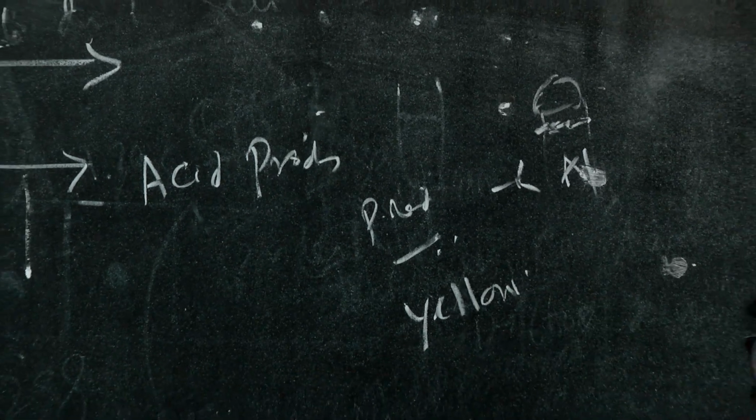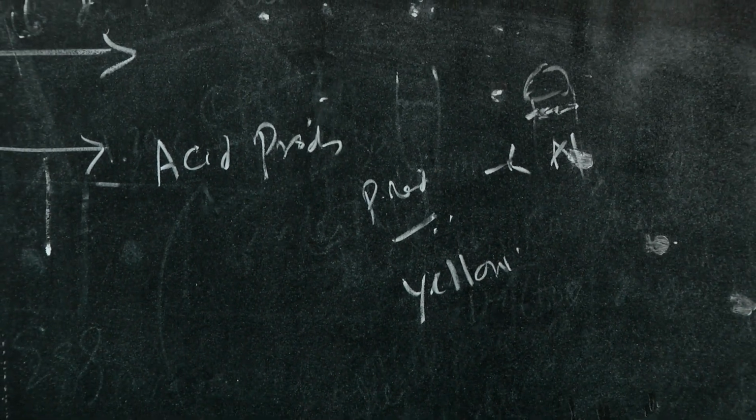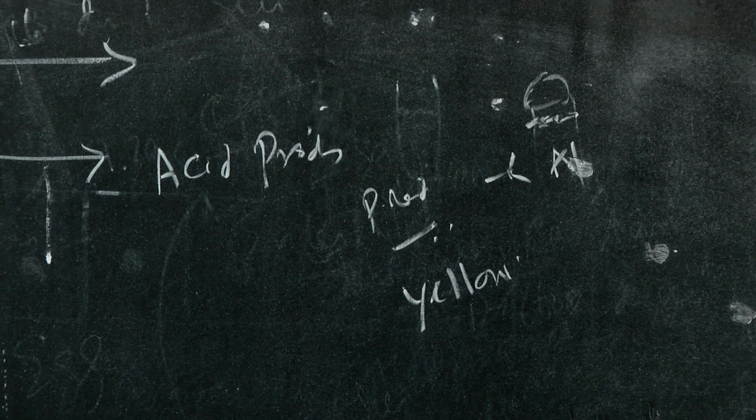So metabolic inhibition means, if you have not added any virus, the cells will grow and form a monolayer. During the metabolism of cells, acid will be released and it turns the medium yellow.